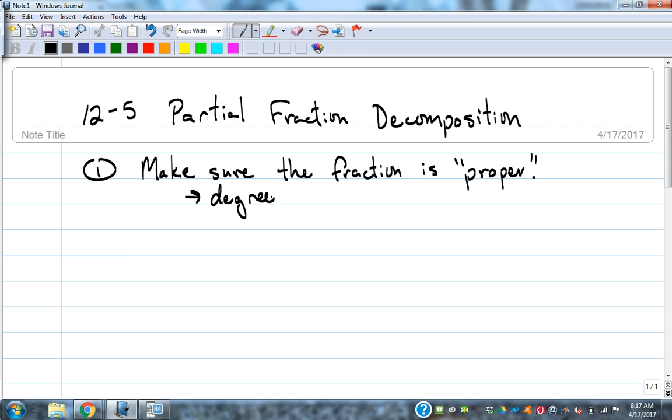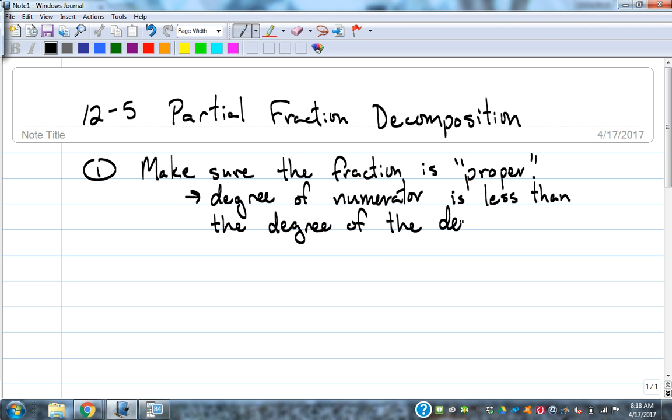Degree of numerator. This doesn't happen all of them that you're going to see are already in proper form, but you've got to make sure of that. The degree of the numerator is less than the degree of the denominator.